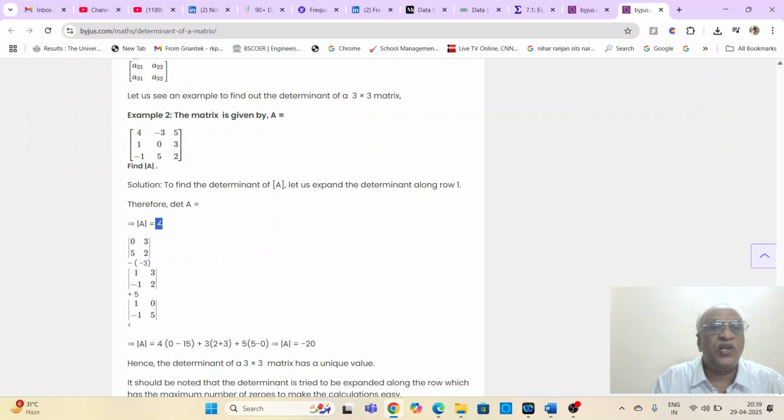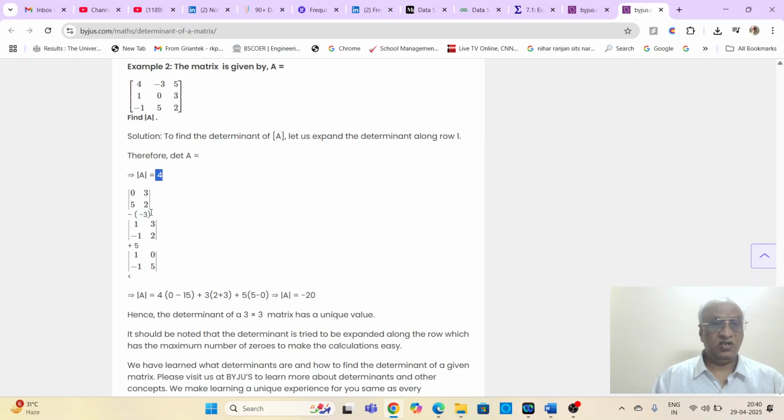So this is my 4 value, with 0, 3 and 5, 2. Then I take minus 3 and exclude this column and this row. I have 1, 3, minus 1, 2. I take the value 5 and exclude this row and this column. What remains is 1, 0, minus 1, 5.